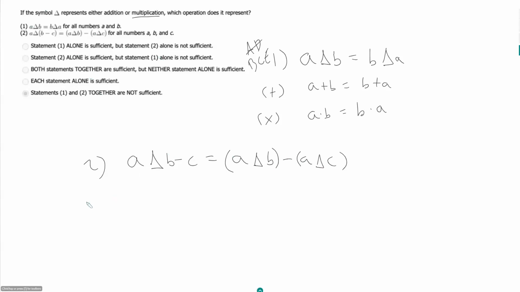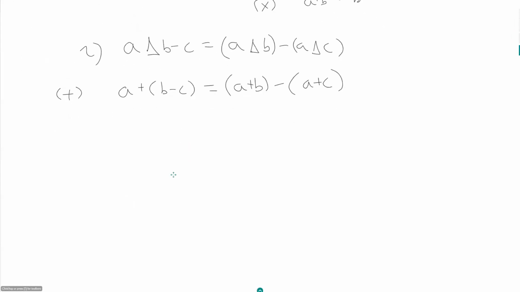So if delta means addition, this would be A plus the quantity B minus C is equal to A plus B minus the quantity A plus C. And then if delta is multiplication, let me give myself some more room here.